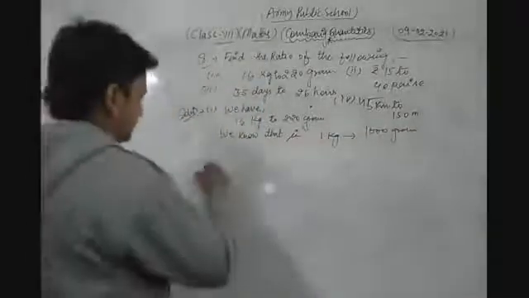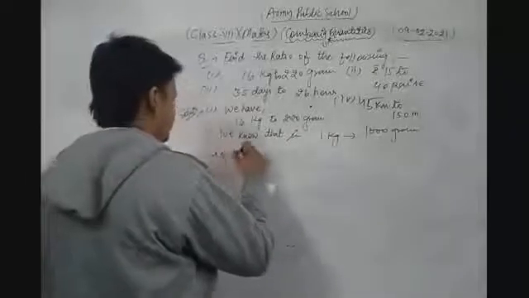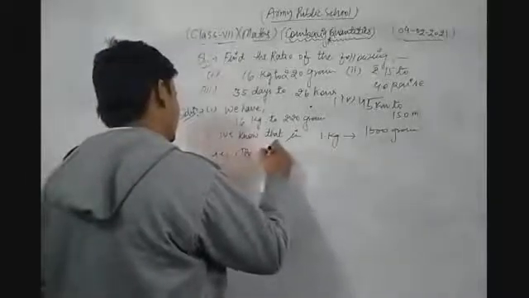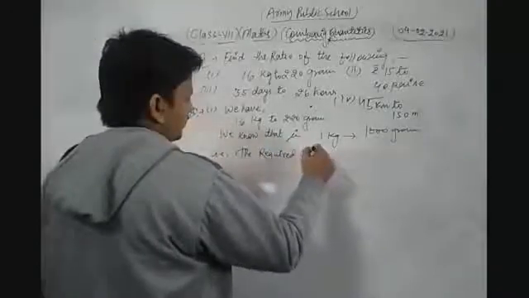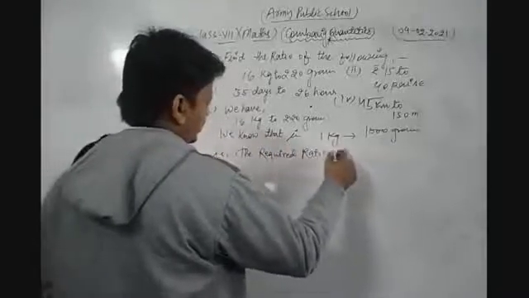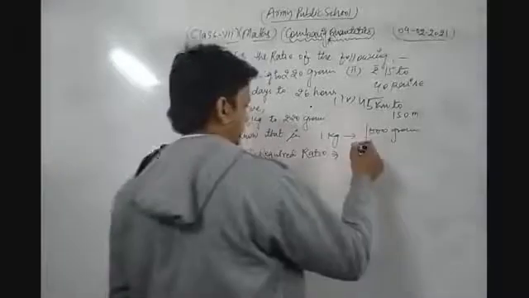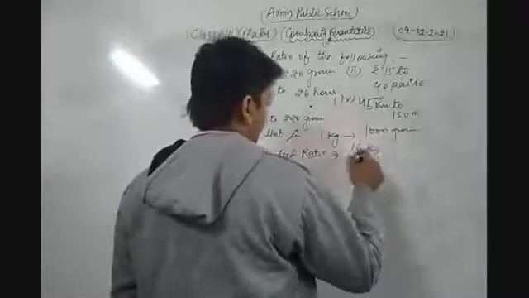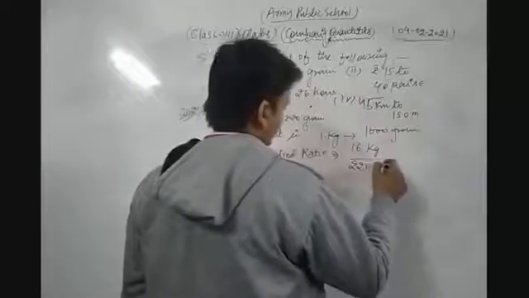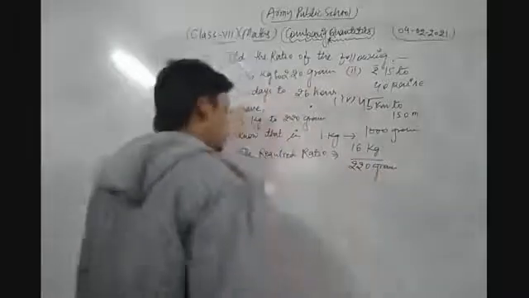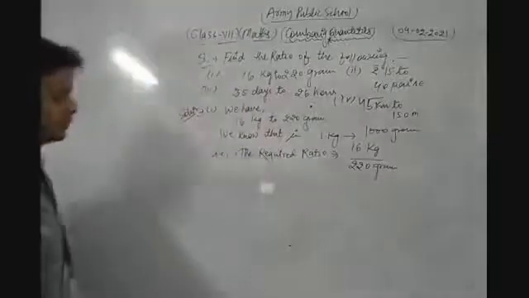The required ratio is 16 kg to 220 gram.